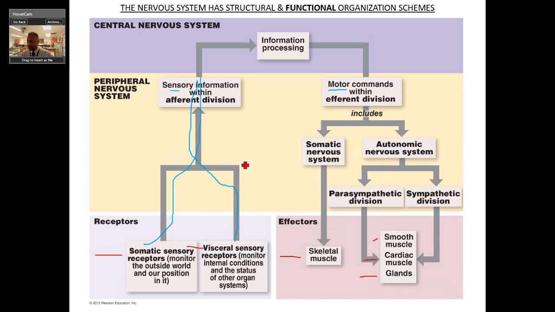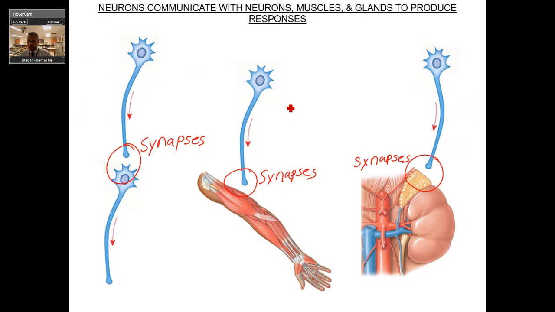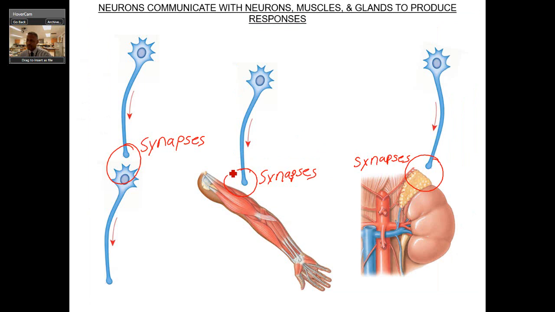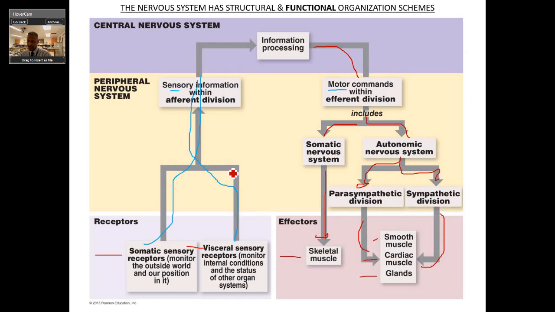So here's the response, and that's really what we're going to see here. This red line would be responding. This would be efferent, versus what I've drawn in blue, which is afferent.